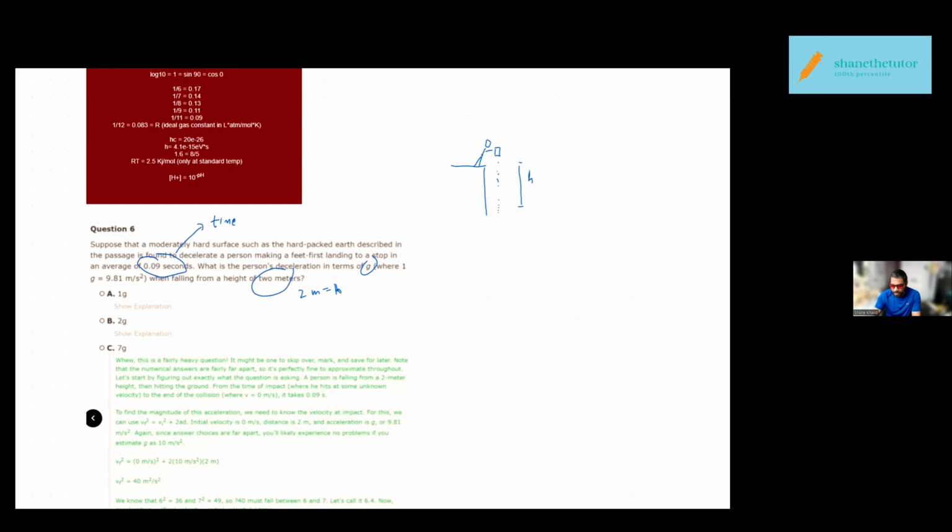Now, at the top here, the box has no kinetic energy. So I'll say that the initial kinetic energy is 0, but it has a gravitational potential energy. Let's just say that that's a max.